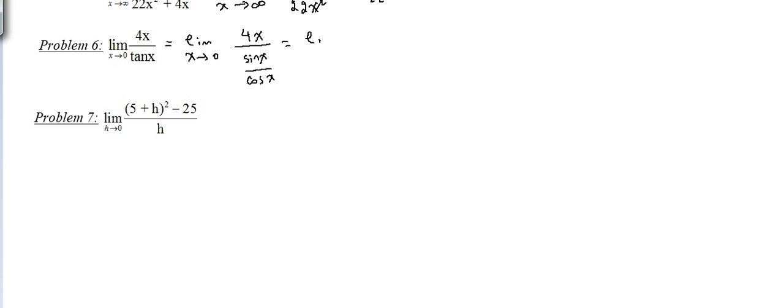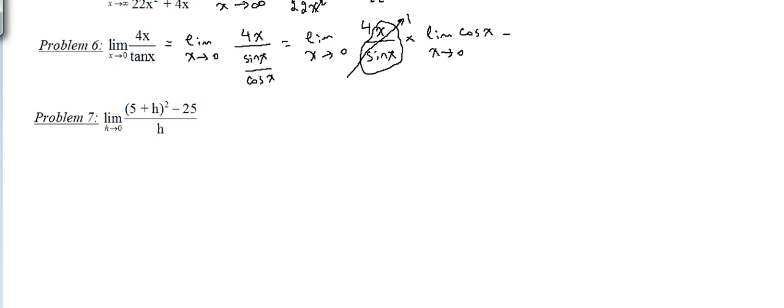So it will be the limit as x approaches 0 of 4x over sine x, times 1 over cosine x. What is the limit of x over sine x as x approaches 0? This gives me 1, so it's 4 times 1 times cosine 0. Cosine 0 directly is 1, so the answer is 4.